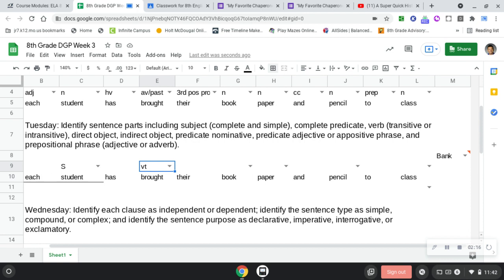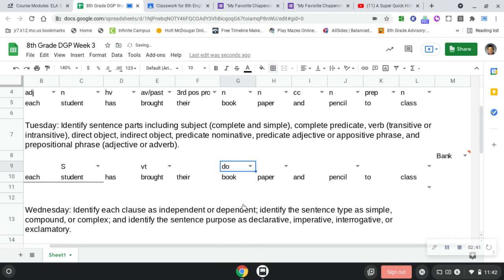It means it helps the subject get to the objects directly. It's telling us the students brought the book, and the paper, and the pencil. So what does that make book, paper, and pencil? The DOs, which are the direct objects.